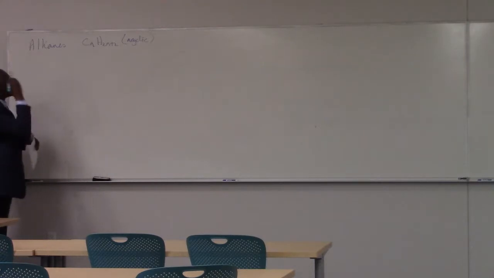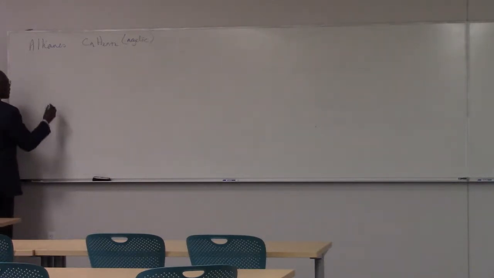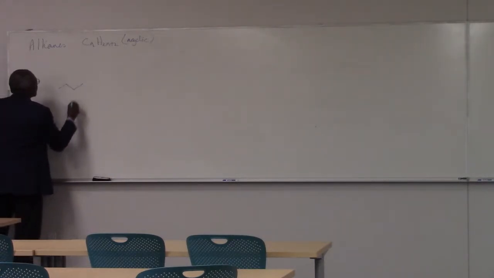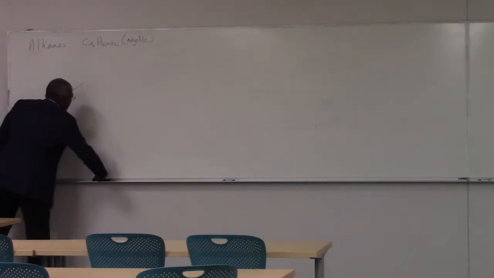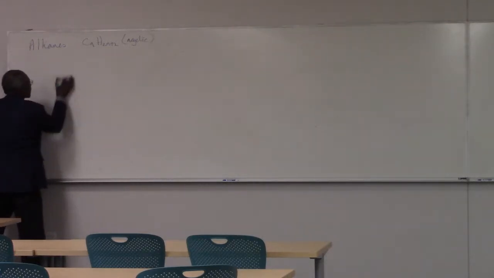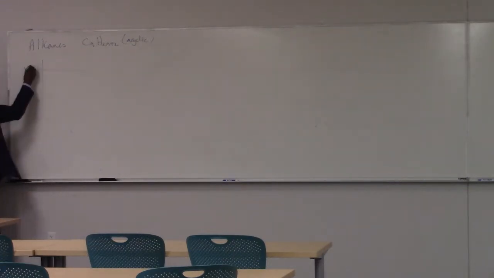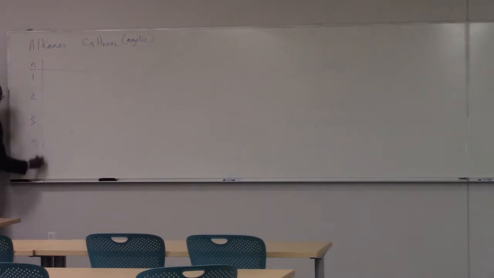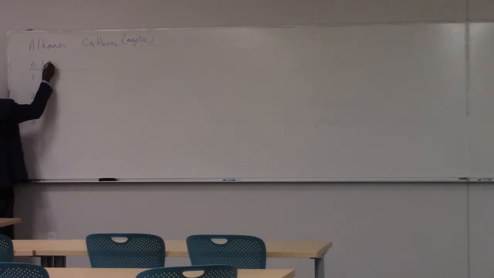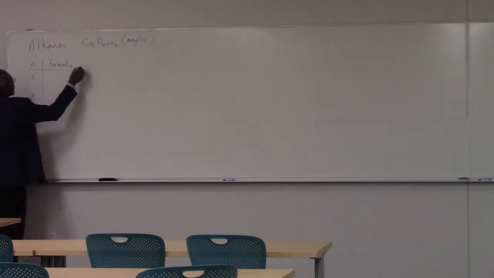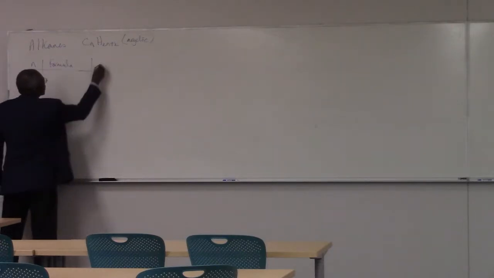We'll get to that in a second. So, for example, my value of n can be 1, let's say 2, 3, 4. And my formula will be, so let's say formula, and then I'm going to put structures.